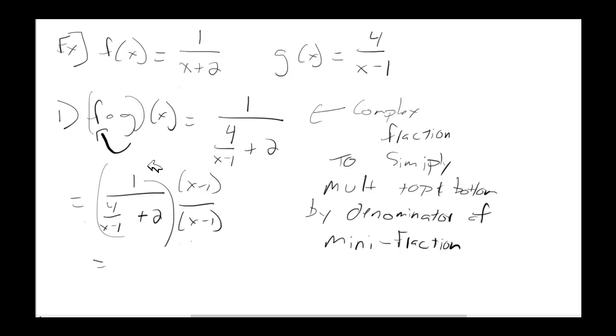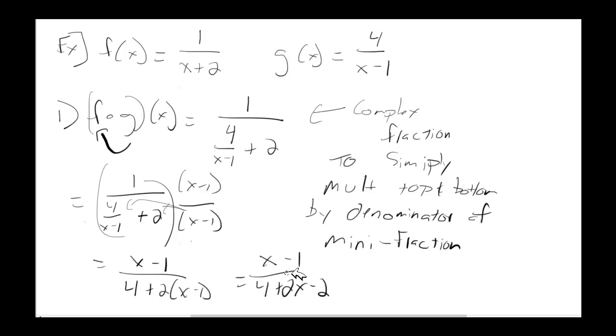And let's see, 1 here, be careful. If there is a number like 3 or 4 or whatever up here, you have to distribute. But here at top, I'm going to get x minus 1. This is going to get distributed over, and it multiplies here, it cancels out the x minus 1 at the bottom, so I'm up 4 plus 2, parenthesis, x minus 1, and then I'm going to clean it up a little bit. x minus 1 over 4 plus 2x minus 2, and collecting like terms, you get 2x plus 2, and I'm going to go ahead and factor the bottom just to see if I can cancel out anything, but I can't.